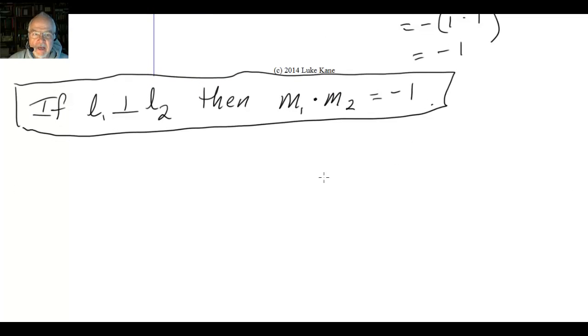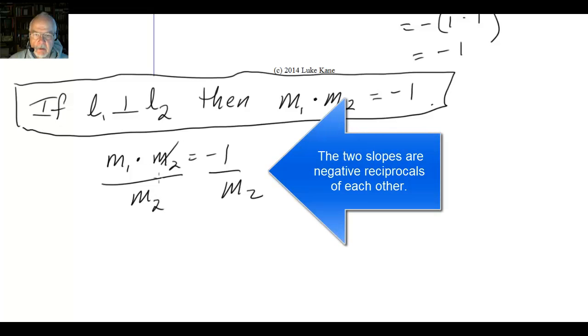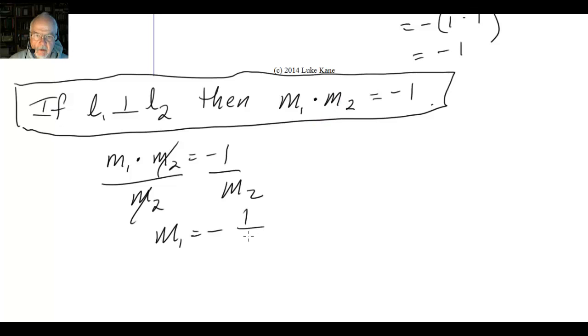Some people don't like this particular form. We can use another form, and that's easy to derive. So we take M1 times M2 equals minus 1. Well, let's divide both sides by M sub 2. That cancels because that's 1, and now I get M1 equals minus 1 over M sub 2.